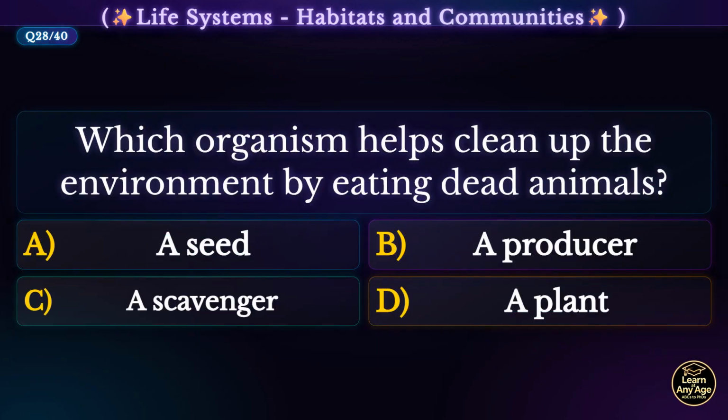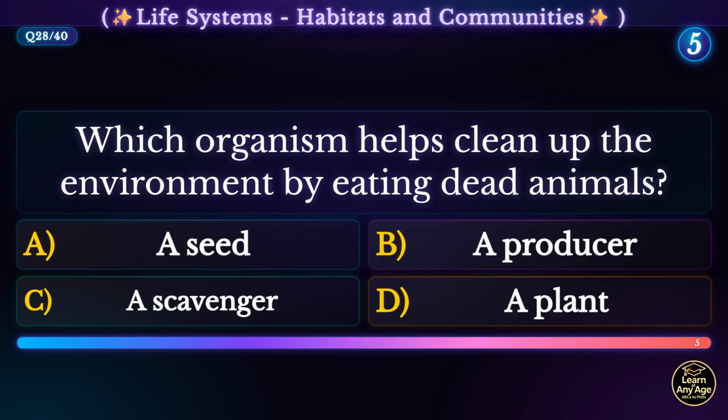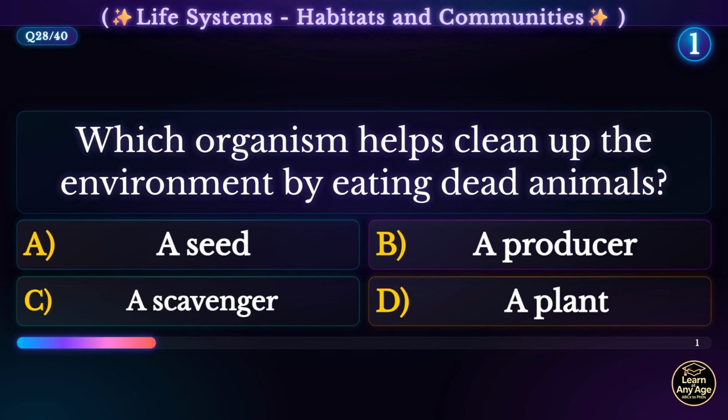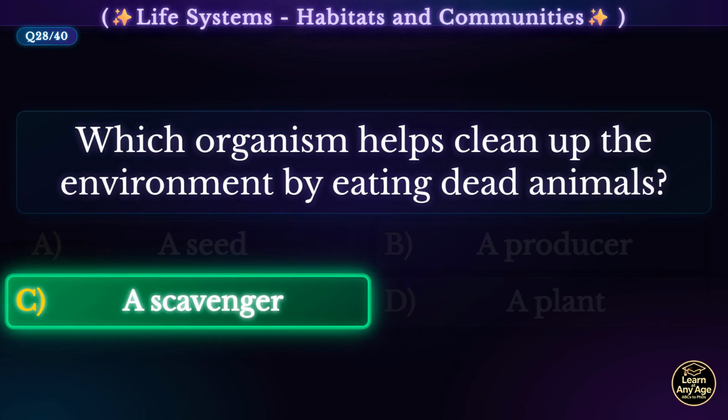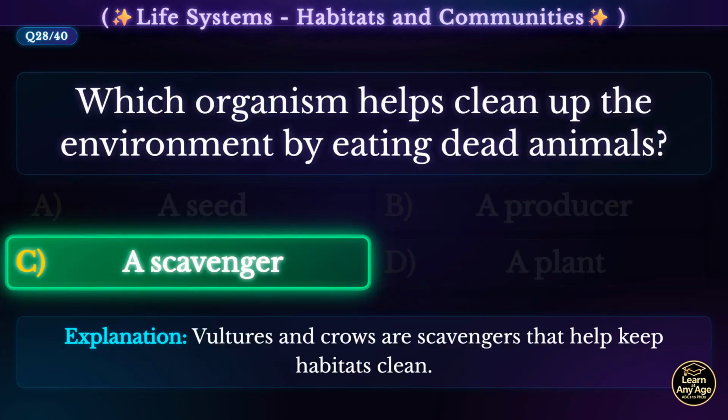Which organism helps clean up the environment by eating dead animals? A seed, a producer, a scavenger, a plant. A scavenger. Vultures and crows are scavengers that help keep habitats clean.